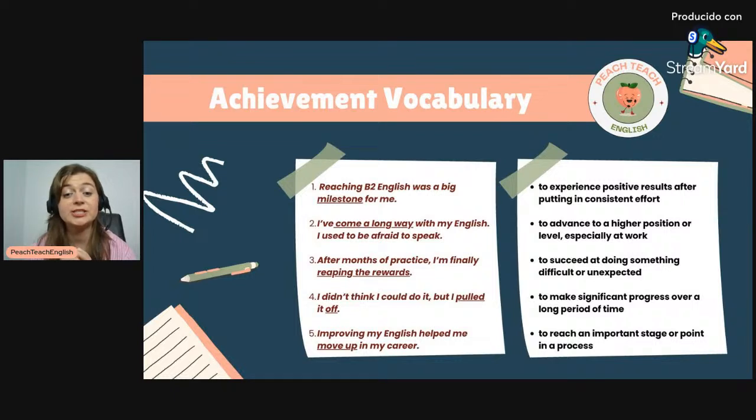Reaching B2 English was a big milestone for me. So the word here, guys, is milestone. I'll type it here in the chat so you can see it. Milestone. Okay, so what's the definition? Looking there on the right, those 5 definitions.